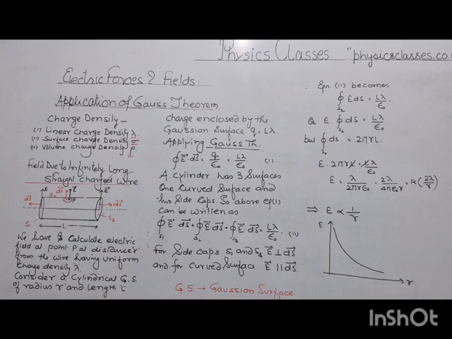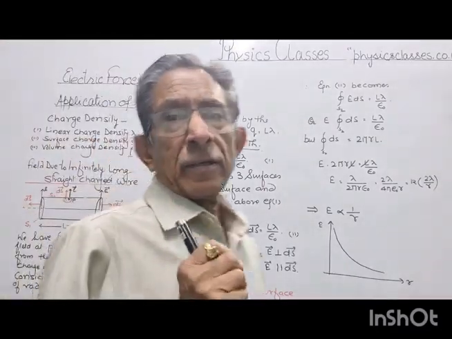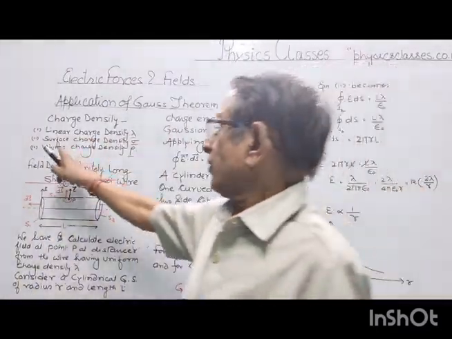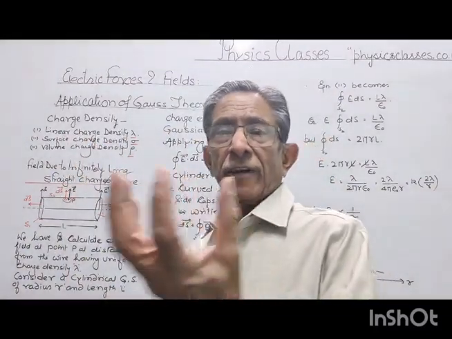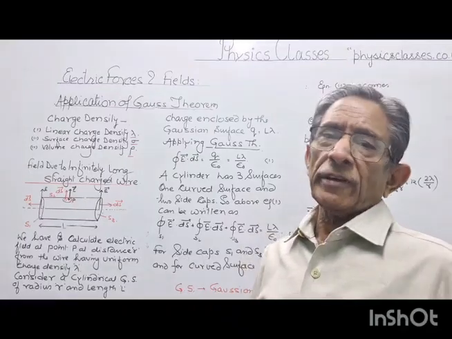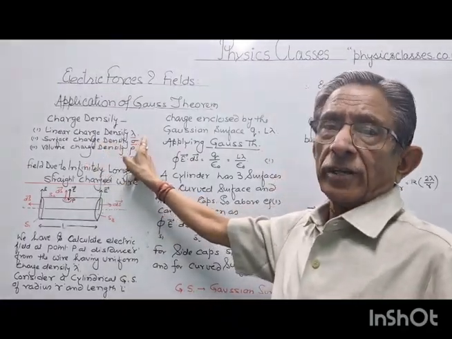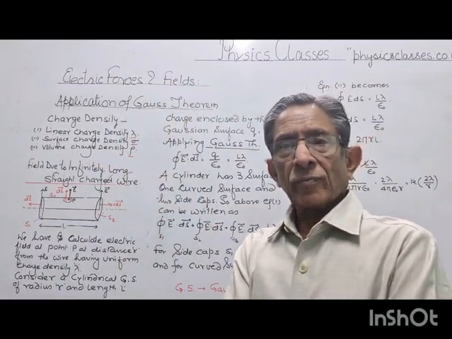When charge is uniformly distributed along the length of a conductor, it is called linear charge density. Similarly, if the charge is spread uniformly on the surface of a body, suppose you have a spherical shell and the charge is distributed on its surface, then it is called surface charge density. It is denoted by sigma.